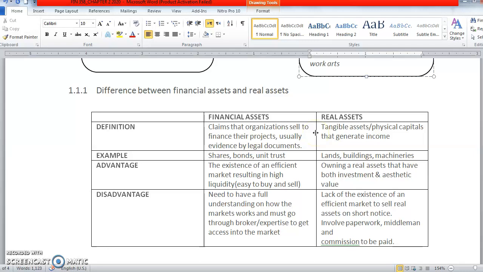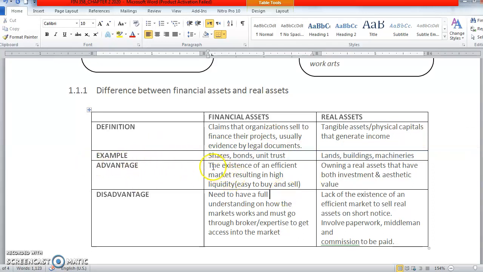Sebab tu certain companies they issue a kind of issuing shares, issuing bonds and so on. Kalau real asset, it's a kind of tangible asset yang you boleh nampak, or physical asset yang boleh generate balik income. Okay, example sama macam tadi, right?